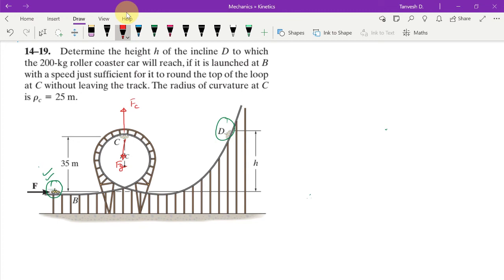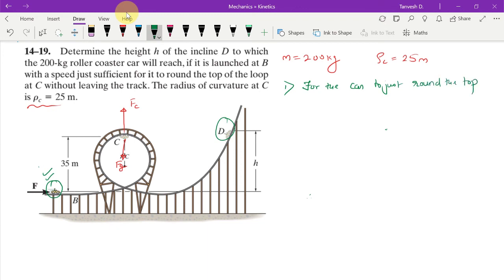So let us see what is given to us. M is 200 kg and the radius of the track, rho c, is 25 meters. For the car to just round the top, Fg has to be equal to Fc. The gravitational force should be equal to the centrifugal force.